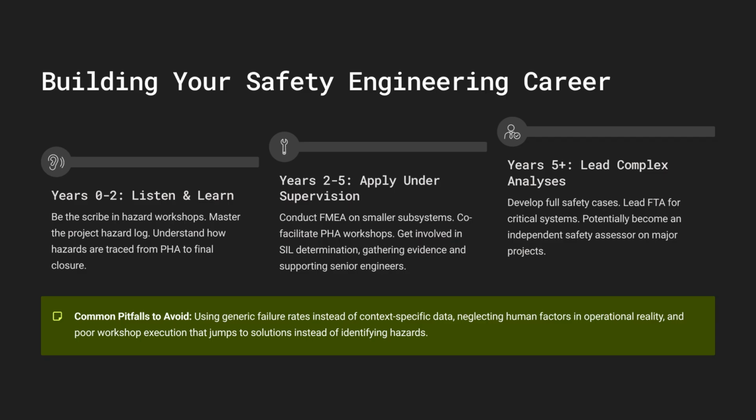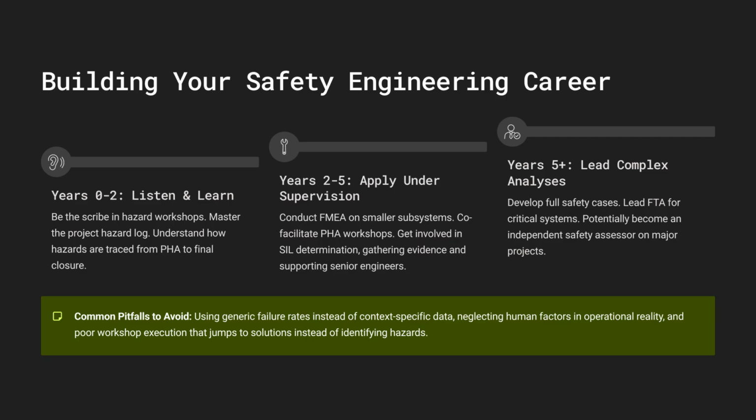Constant vibration, huge temperature swings, dust, moisture. If you don't use failure rate data that's specific to the actual application, or at least adjusted for the real operating stresses, your FMECA and FTA calculations could be wildly optimistic. You'll underestimate the true risk. The whole safety case could be built on shaky foundations.